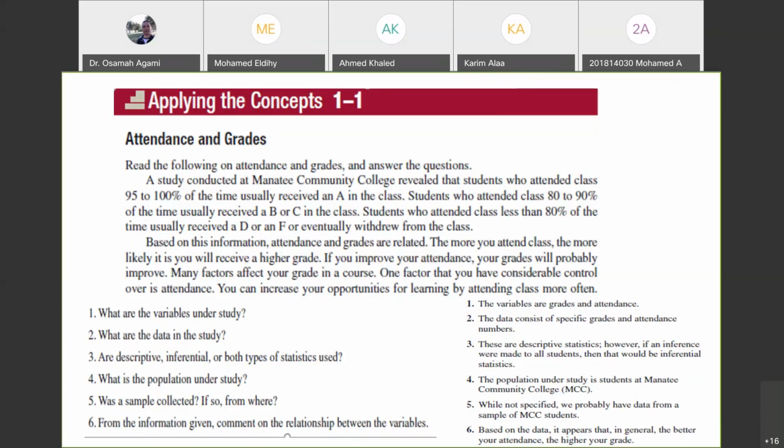For students this is very important, and also for business, because they make questionnaires and they have to know the variables, and they study the relation between the variables. So when you have a problem, you have to specify your variables.